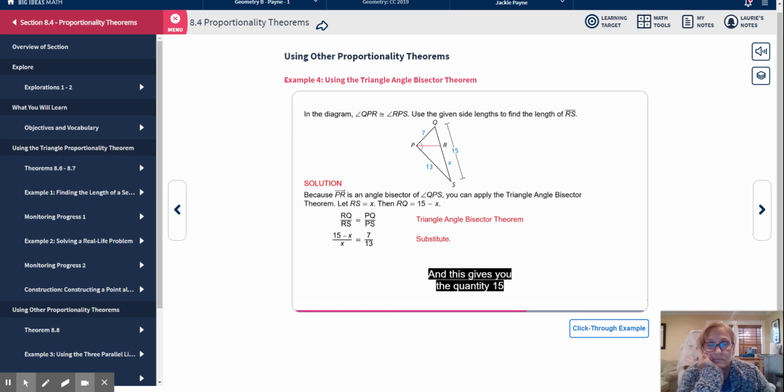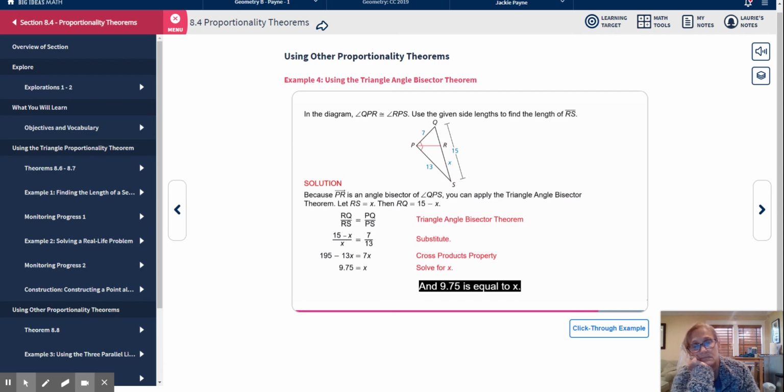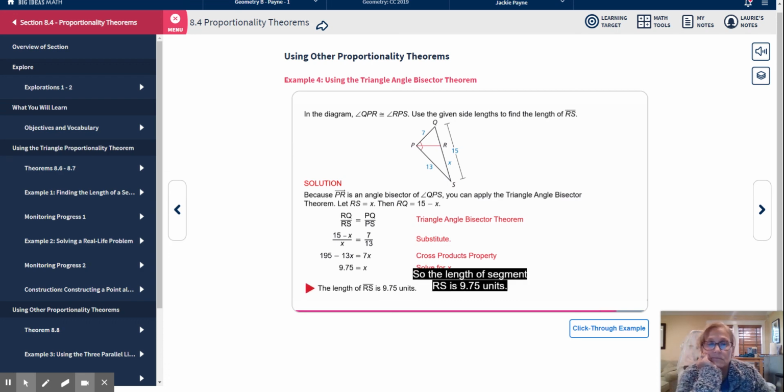And this gives you the quantity 15 minus x divided by x is equal to 7 divided by 13. Next, use the cross products property, and 195 minus 13x is equal to 7x. Solve for x, and 9 7/75 is equal to x. So the length of segment RS is 9 7/75 units.